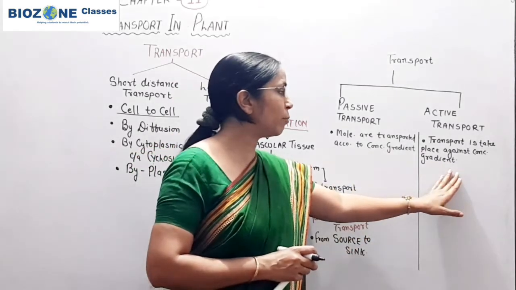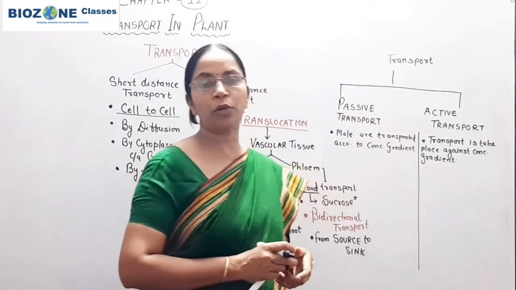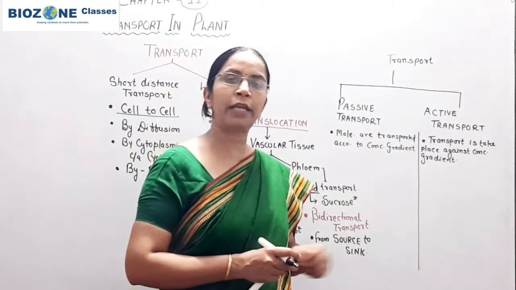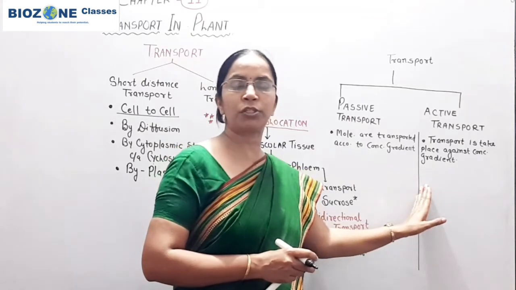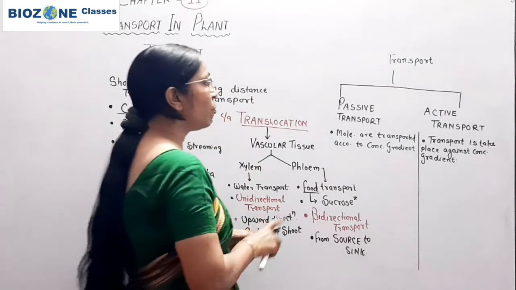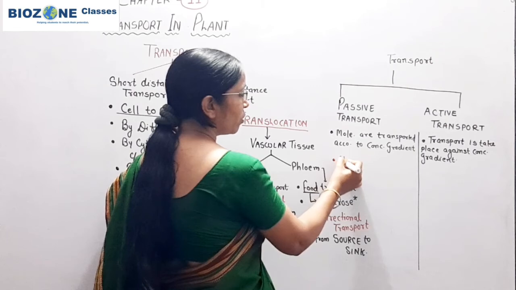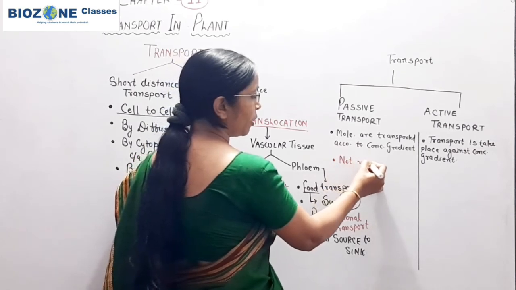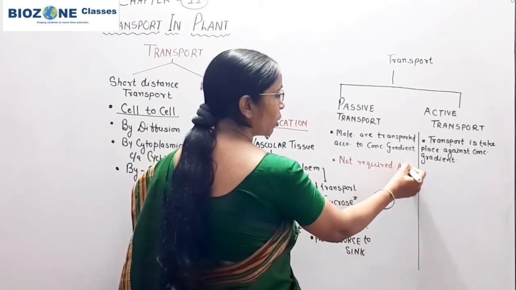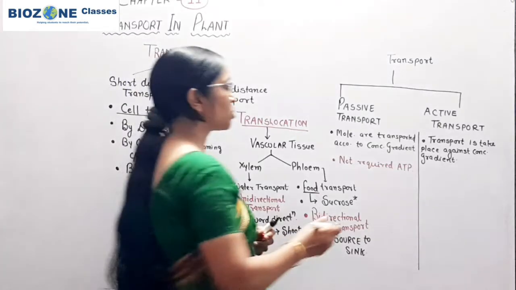But when we say transport against concentration gradient, that means the molecules of the solute or solvent are forcefully transported from their lower concentration towards their higher concentration. And for this, the most important thing, passive transport does not require ATP. The transport in which ATP is not required is called passive transport.